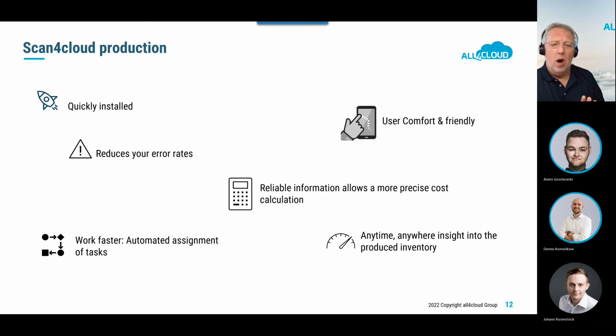I don't know how it works in your production these days, but if you still give your production workers the orders on paper, the processed orders are then collected and entered manually on the screen in the ERP system. A small mistake in the numbers, an unclearly written time leads to further questions.